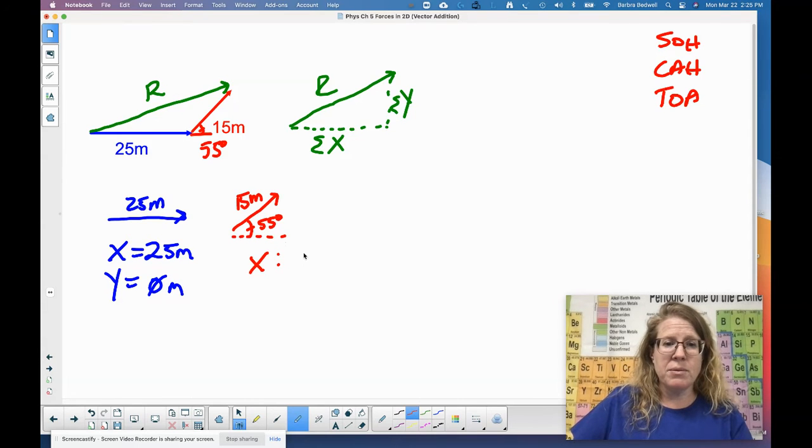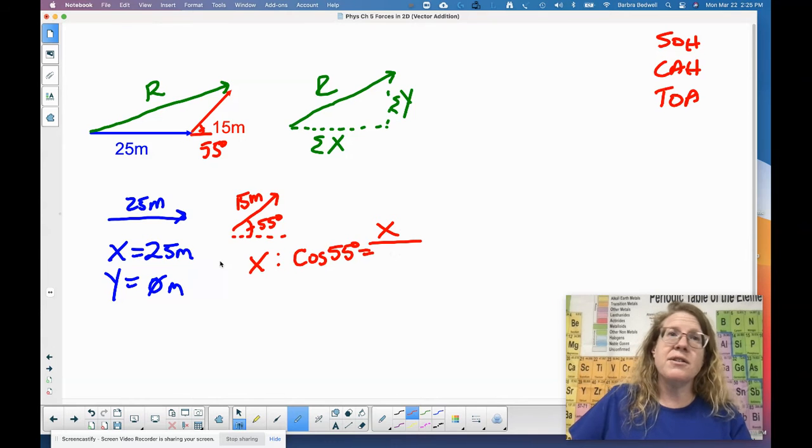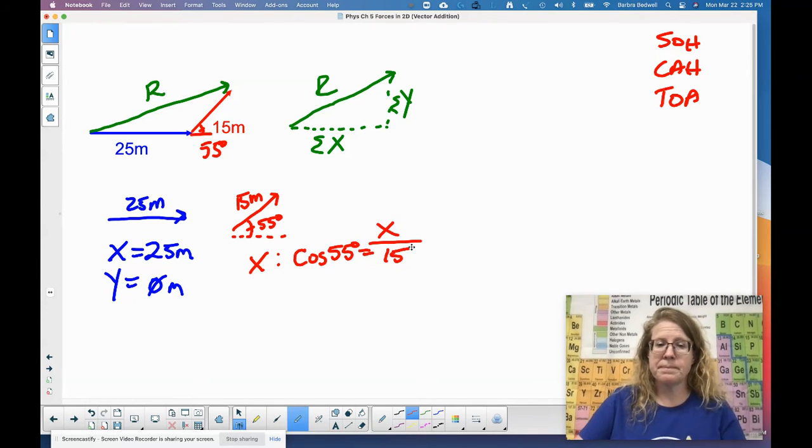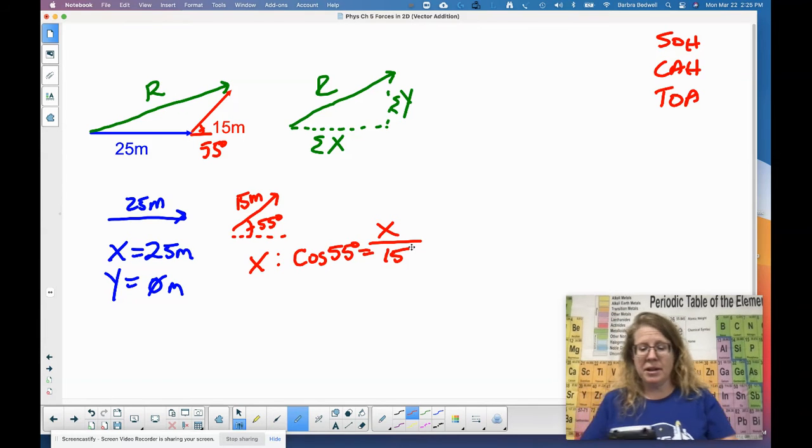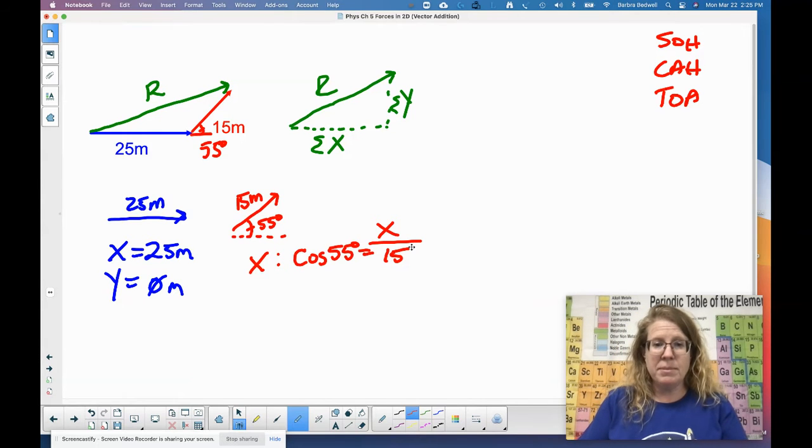So we're going to do cosine of our angle, which is 55 degrees, is equal to the adjacent side, which is our x, divided by our hypotenuse, which is 15. Again, double check to make sure your calculator is in degrees and not in radians. And then you do the math. Cosine of 55 times 15.